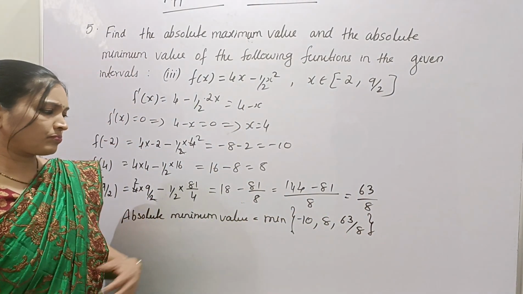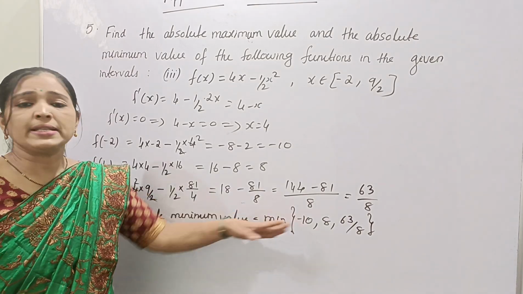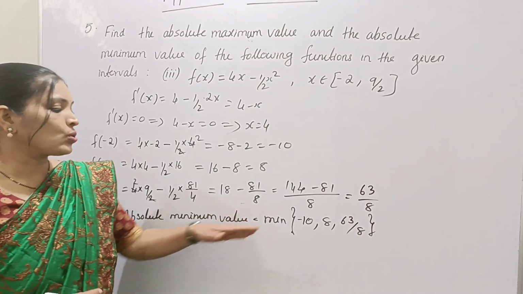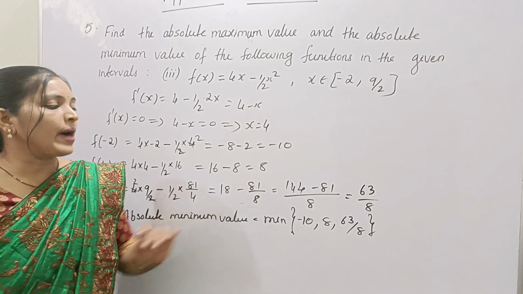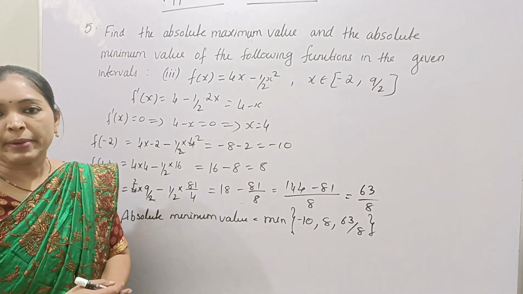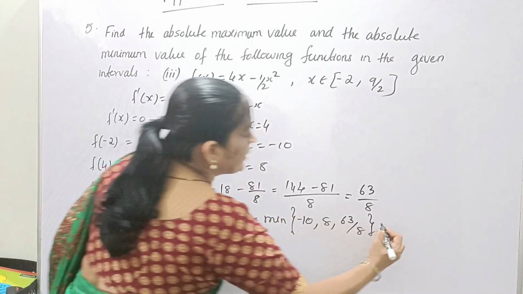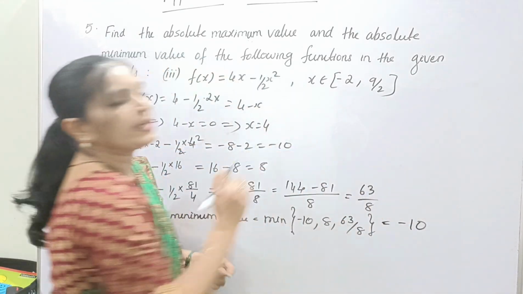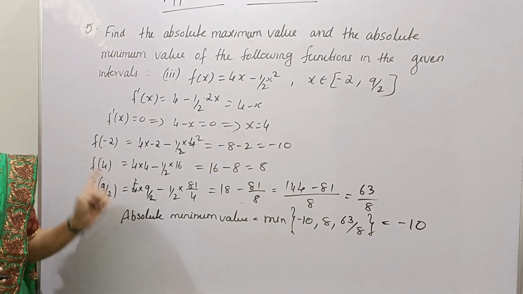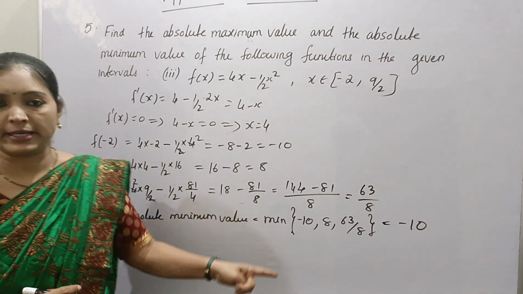See, minus 10 is the least value, right? So the minimum of minus 10, 8, 63 by 8 is nothing but minus 10. Therefore absolute minimum is minus 10. That is, the absolute minimum value of the given function is minus 10.